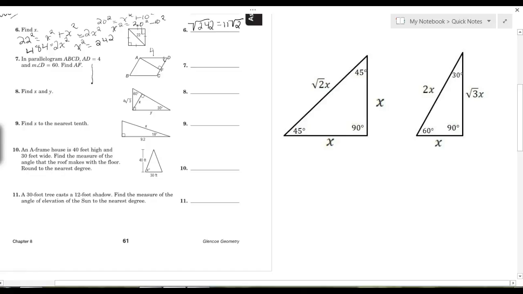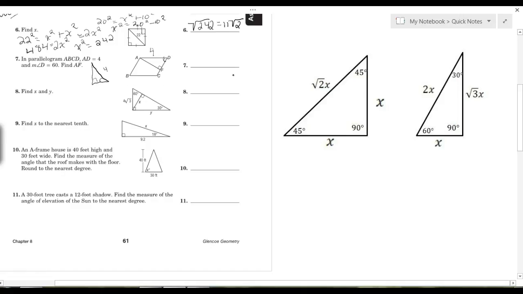So I have this side that comes down and forms a right angle. I go across to here. So across from my right angle is the hypotenuse, which they gave me is 4. And then this is my 60-degree angle right here.